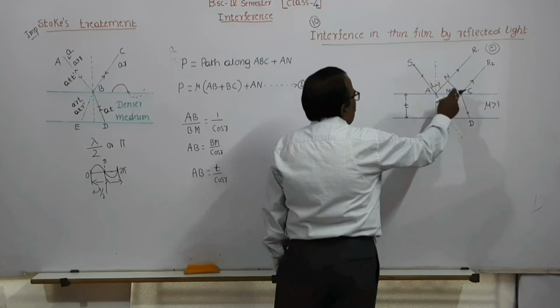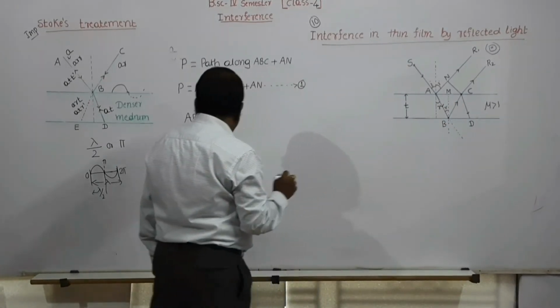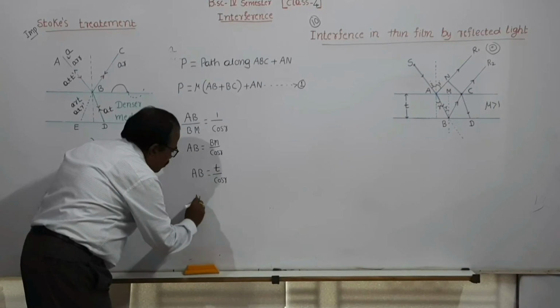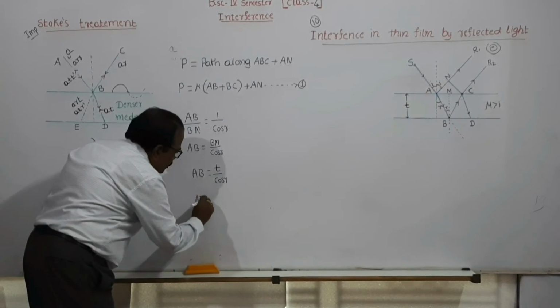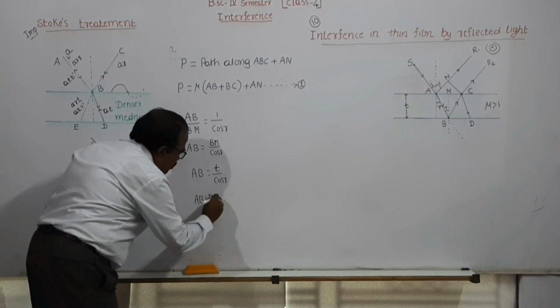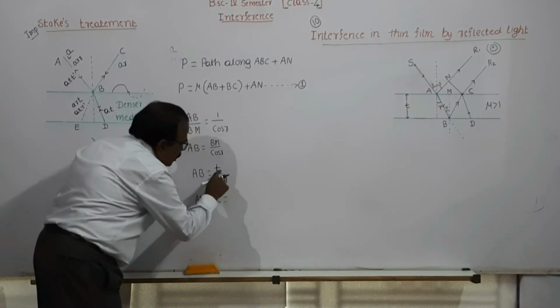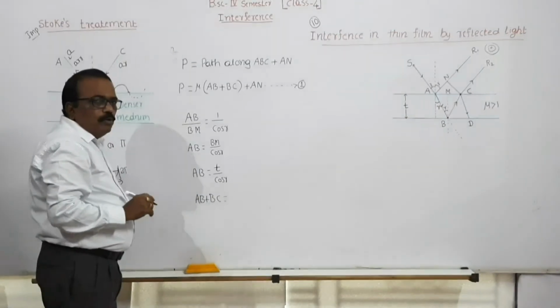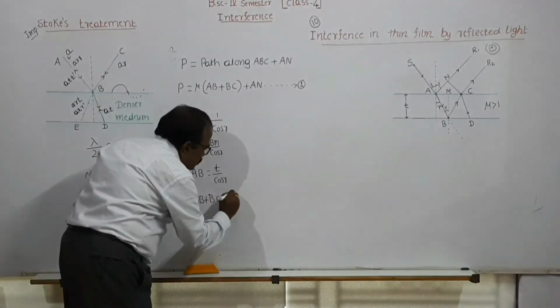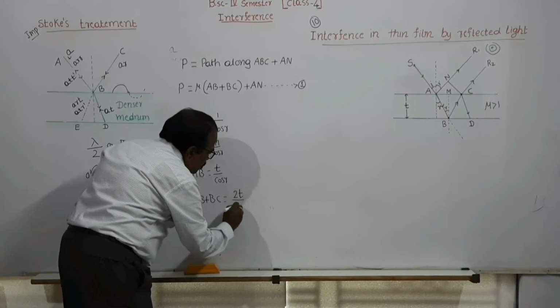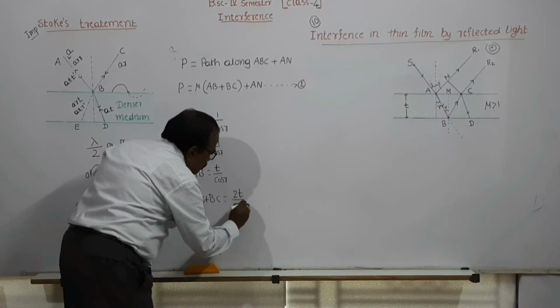Therefore, AB plus BC is equal to T upon cos R plus T upon cos R. This is 2T upon cos R.